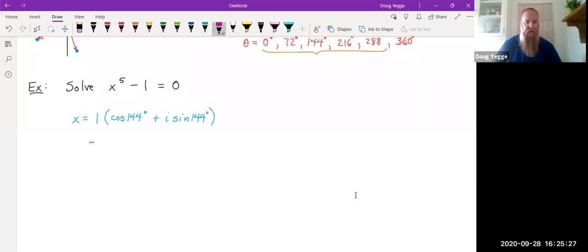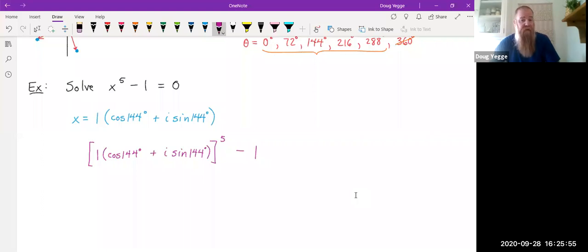So let's take all of that, which is 1 times cosine 144 degrees plus i sine of 144 degrees. And we're going to raise that to the fifth, and then we're going to subtract 1.